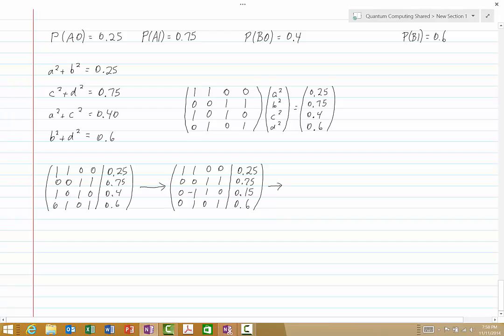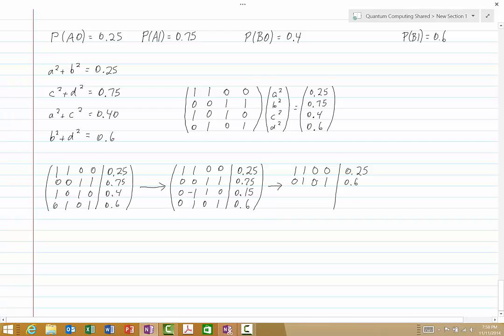And now the next step: I will leave the first row as it is, 1, 1, 0, 0, 0.25, and I will interchange the second row and the last row. So the second row now becomes 0, 1, 0, 1, and 0.6.